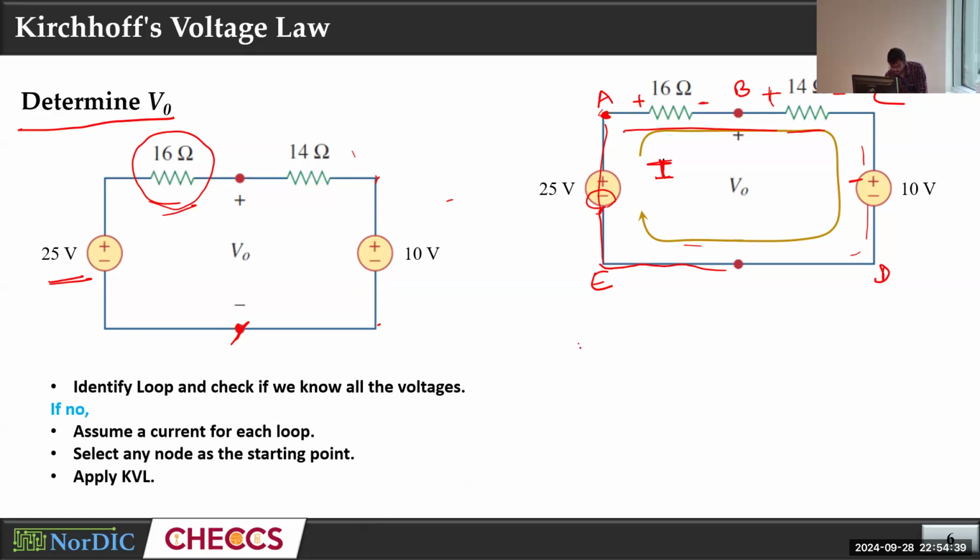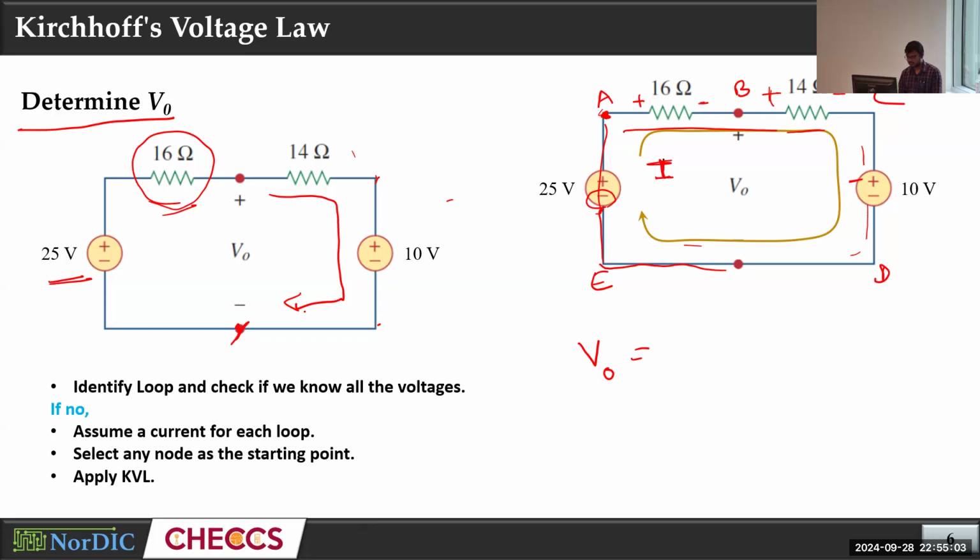So we can write V0 equals the voltage of this 14 ohms plus the voltage of this 10 volt. And again here, which direction should we follow when we add these two voltages? This direction or the other direction? The direction that I drew. Why?